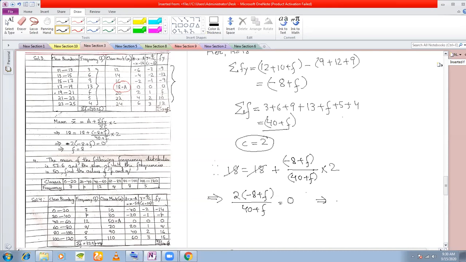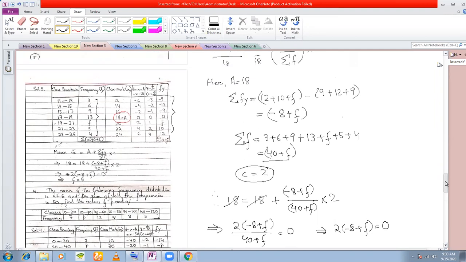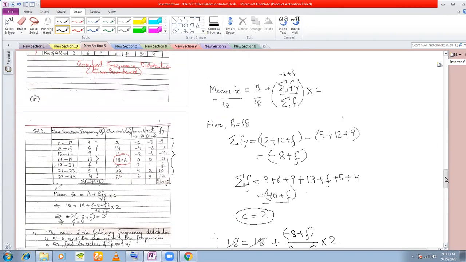Now you cross multiply, you get twice of minus 8 plus f is equal to 0. That means minus 8 plus f is equal to 0. That means simply f is equal to 8. So this is how we calculate the missing frequency when a frequency distribution is given to you.